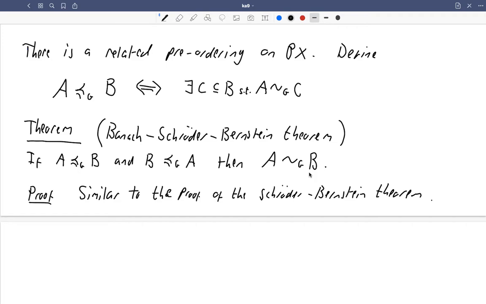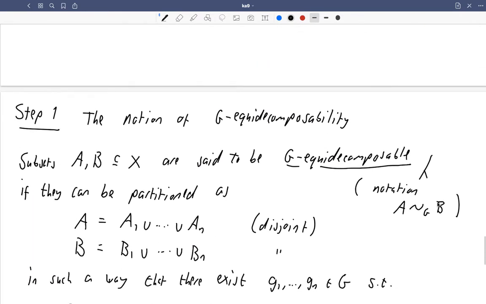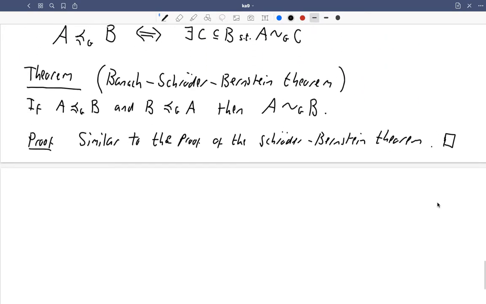Quite a surprising result, except that it's not so surprising when one views it in context with the Schroeder-Bernstein theorem and realizes that the proof is rather similar. So that's the end of step one, the notion of G equidecomposability.